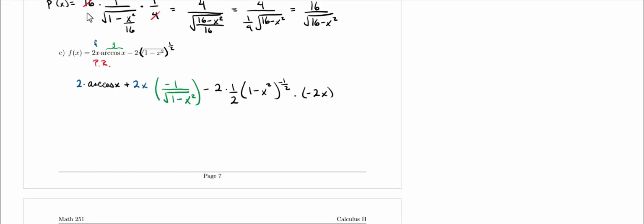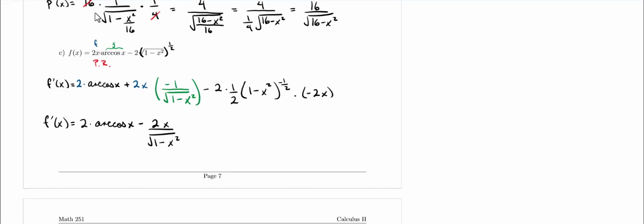Okay, now I'm going to go ahead and keep on simplifying the problem, but first I'm going to make sure that we are saying that we are taking the derivative here. So f prime is then going to be equal to 2 times the arccosine of x minus 2x all over the square root of 1 minus x squared.